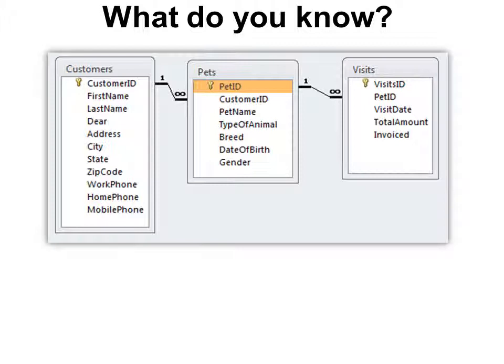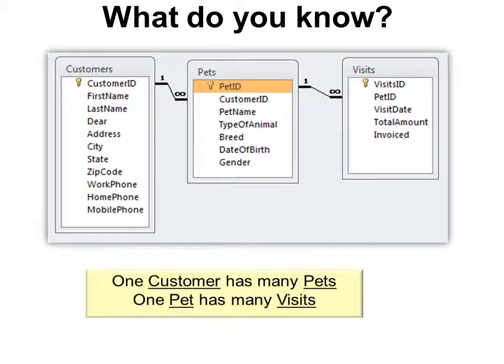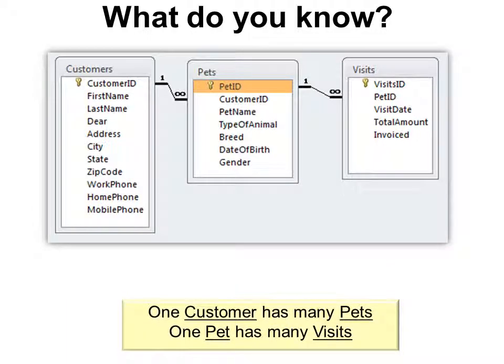You know that one customer has many pets, and it's linked to this primary key, this unique identifier that shows up as the primary key in the customers table, but it is called the foreign key in the pets table, because the pets table has its own primary key called pet ID, which also appears as the foreign key in the visits table. One customer has many pets, one pet has many visits.